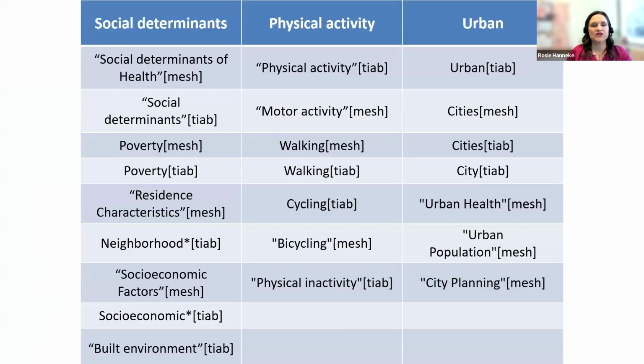We put those into a table along with keywords describing each of our 3 major core concepts of our research question. So you'll see behind each term is either MeSH, for the terms that we have identified as belonging to that standardized vocabulary in PubMed. And any other terms we want to search, we're searching in TIAB, which is the title and abstract fields.